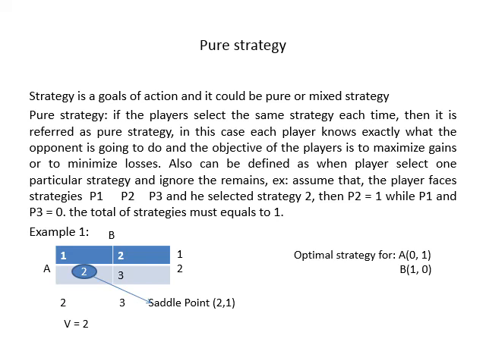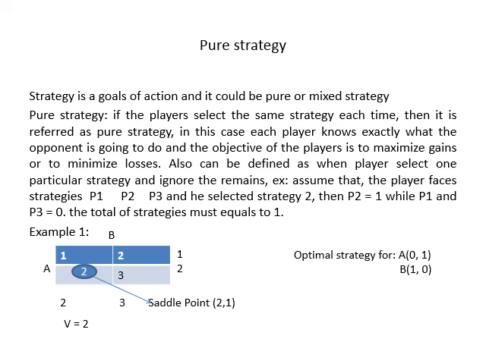Let's move to the next row where the values are 2 and 3. So the minimum value in the second row equals 2. This operation concerns player A.